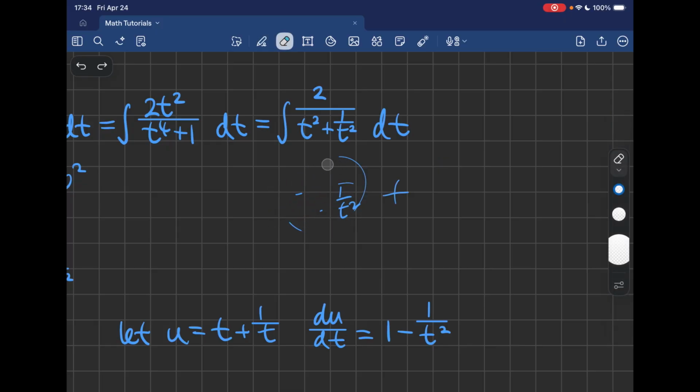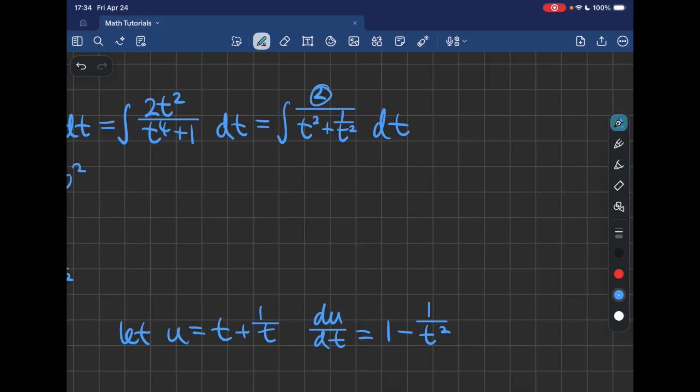But that won't make this integral anything easier. So if we can find an algebraic expression of t to represent 2, something like that, then we can decompose this into 2 different fractions as in the integrals, then it will be easier to solve.